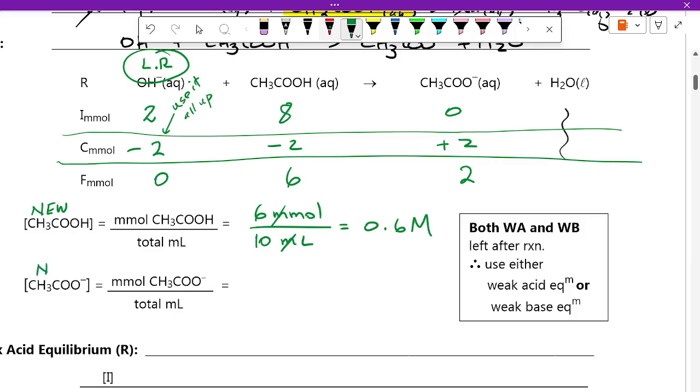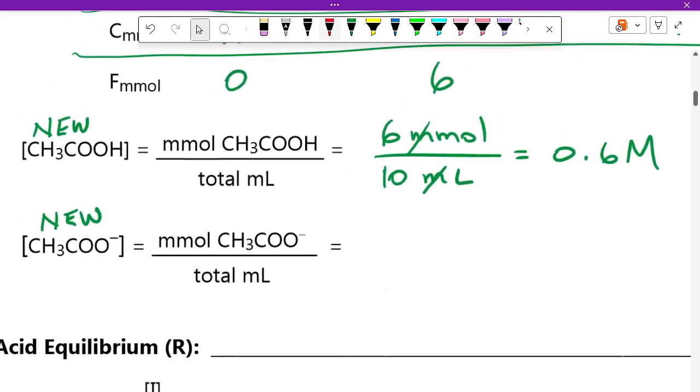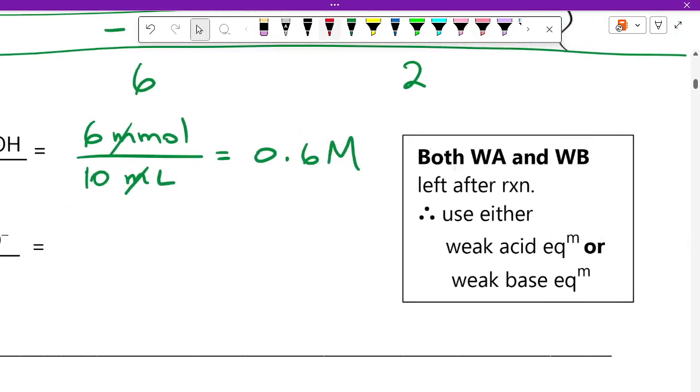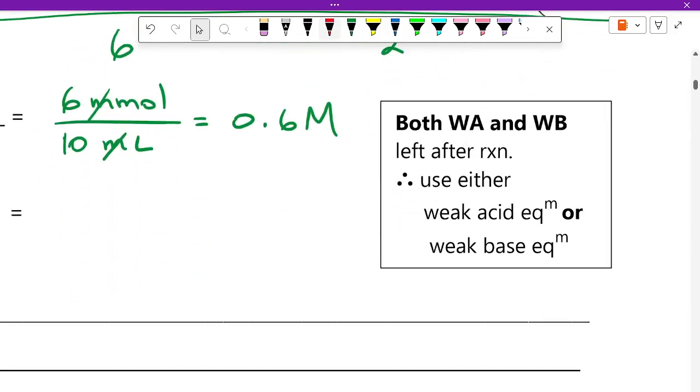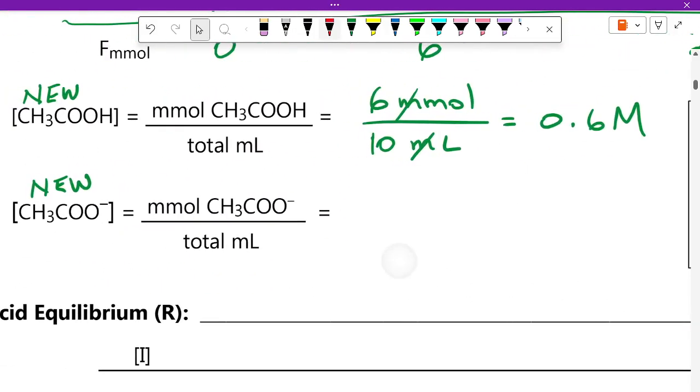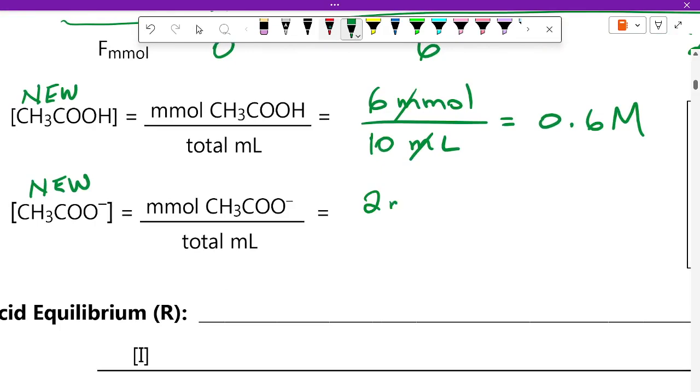Our new concentration of the acetate ion is, let's see, how many millimoles did we have of that? We had 2 millimoles. And that is in 10 milliliters. Yeah, millis cancel, and we get 0.2 molar.